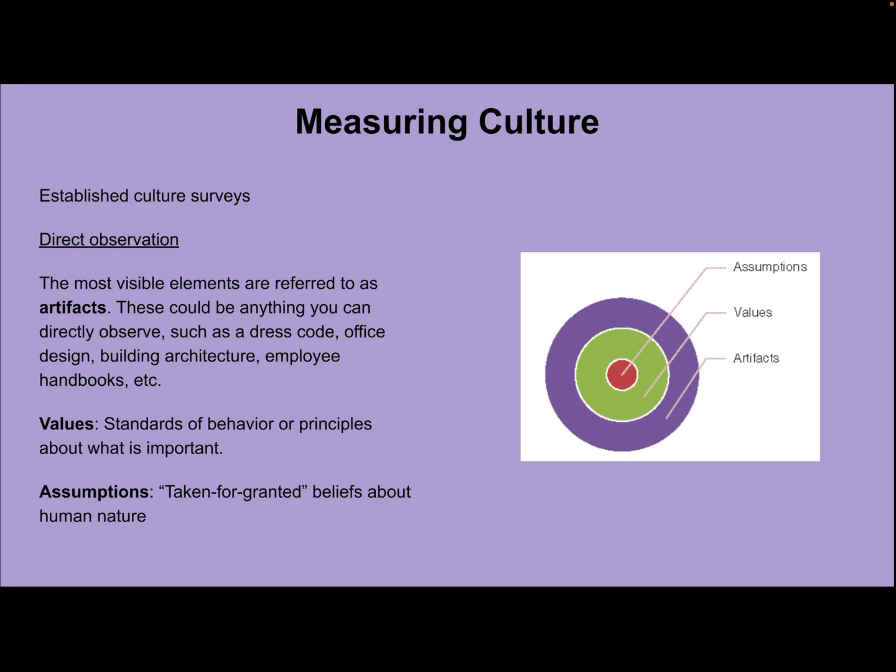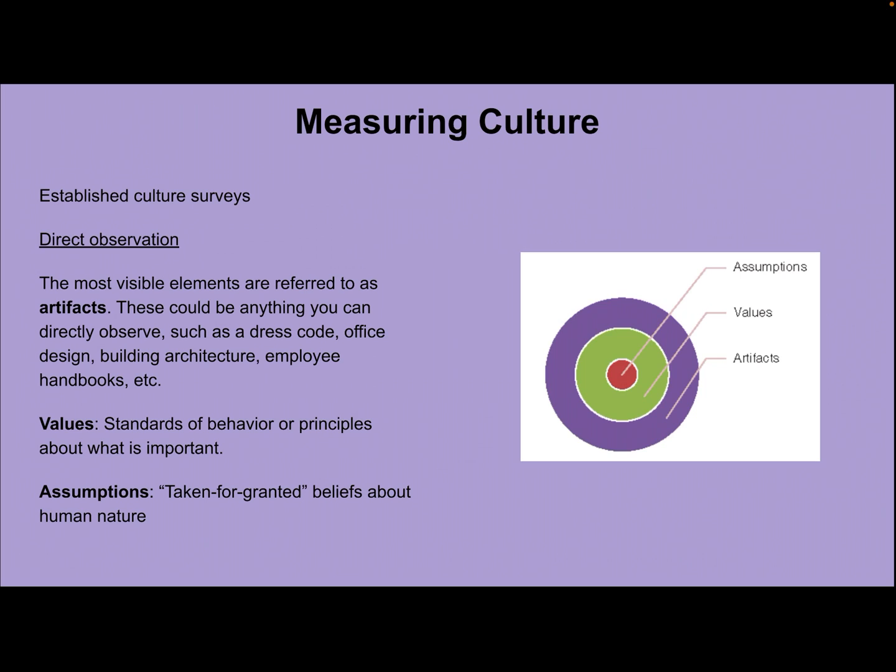When directly observing organizational culture, the most visible elements are referred to as artifacts. This is anything you can directly observe. You see the dress code, the office design, the building architecture, handbooks, even the way people talk to each other, the way that they sit, even something that an employee tells you. All of these directly observable things are called artifacts.